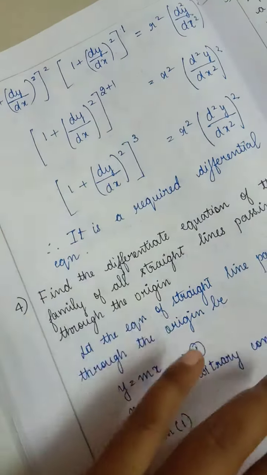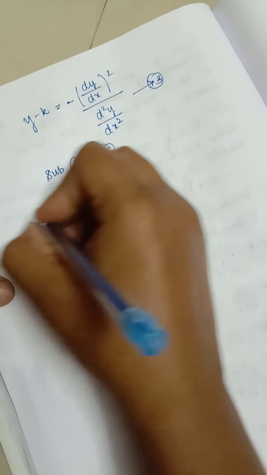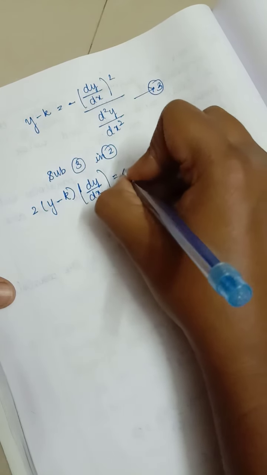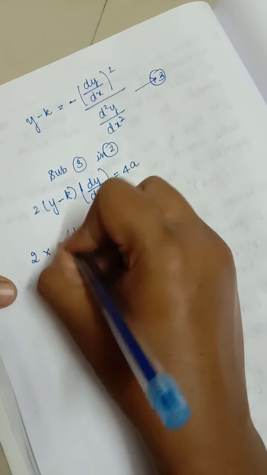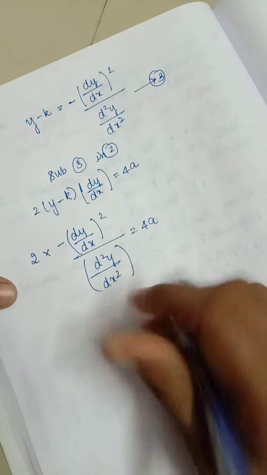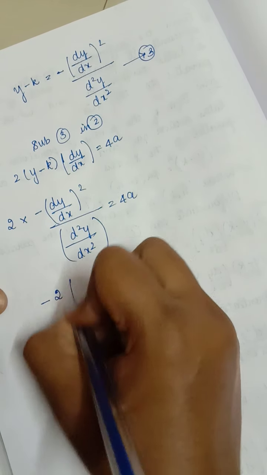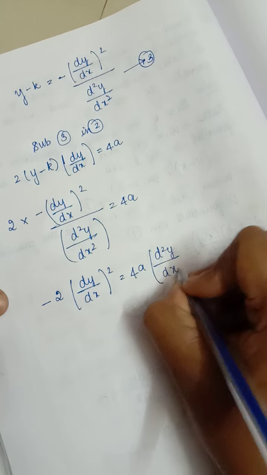Next we are going to substitute 3 in 2. In 2 we have 2 into y minus k into dy by dx equals 4a. Substituting, 2 into minus dy by dx the whole square by d square y by dx square equals 4a. Cross multiplying, minus 2 into dy by dx the whole square equals 4a into d square y by dx square.